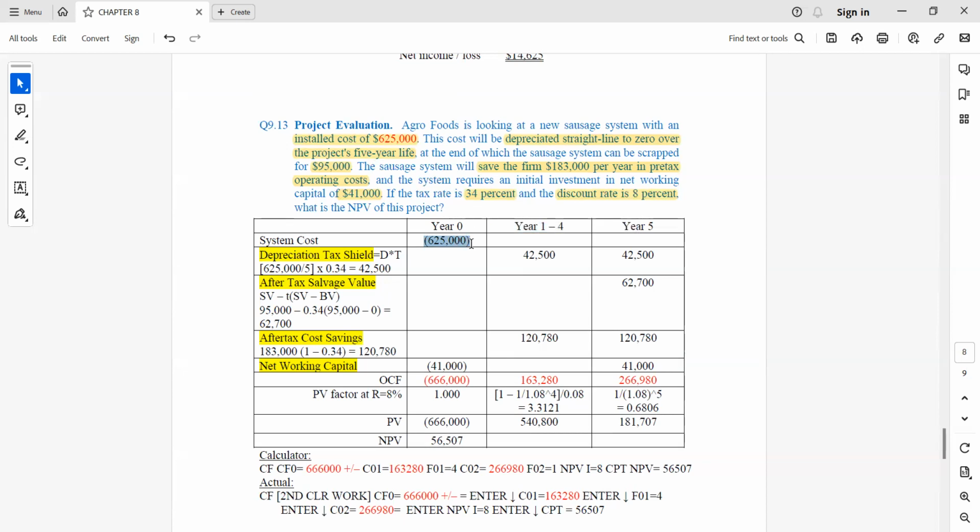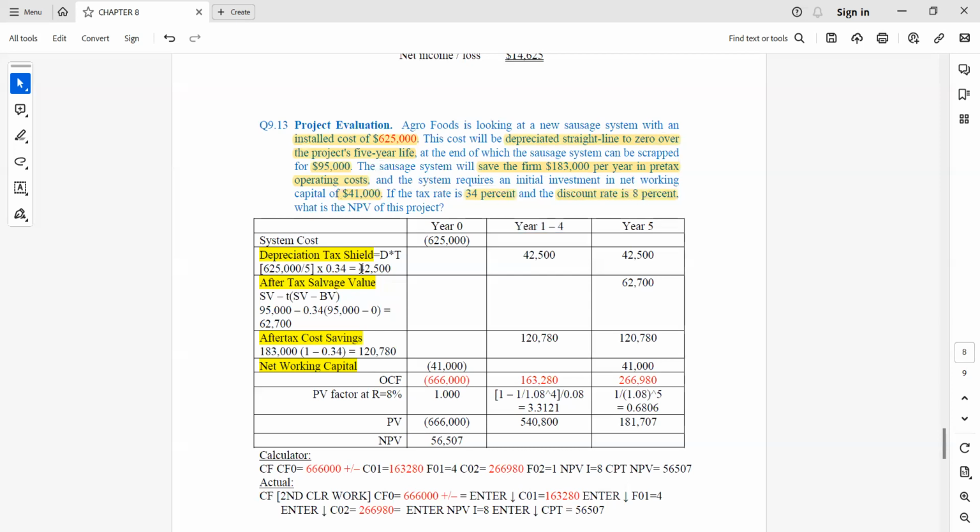Okay, got it. Now, depreciation tax shield. I want to see how much of tax being saved from depreciation itself. So I will use this installation cost. Because it is depreciated straight line to 0 over 5 years life, I shall use 625,000 divided by 5 times the tax rate. How much is the tax rate? 34%.